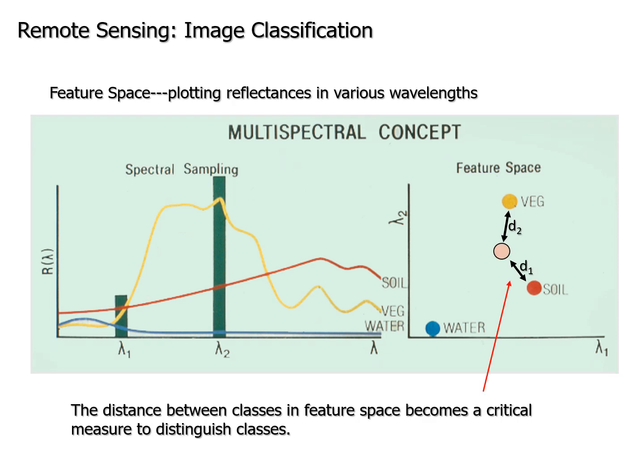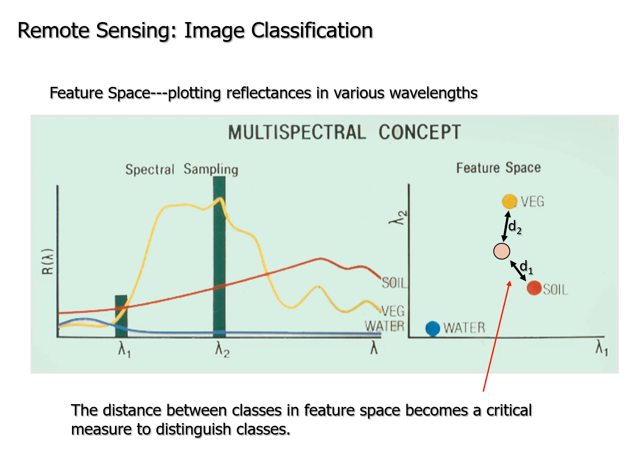The way we use this feature space is we're going to say points that are closer in feature space are more similar. That makes sense, right? I mean, it makes sense in either space. In the spectral space, if you had two lines that almost overlapped, then you would say, oh, those two things are similar. Well, in the feature space, that's all translated to where you are, what your position is.